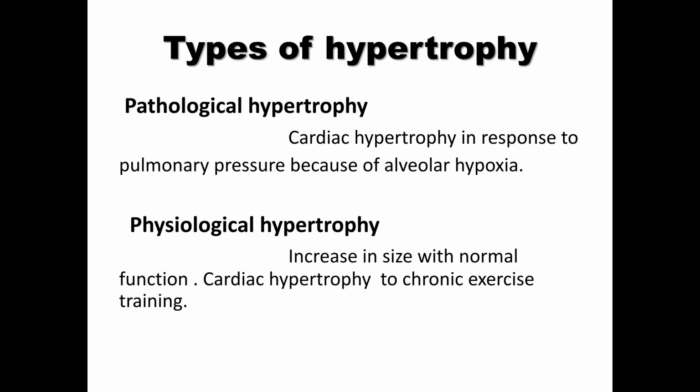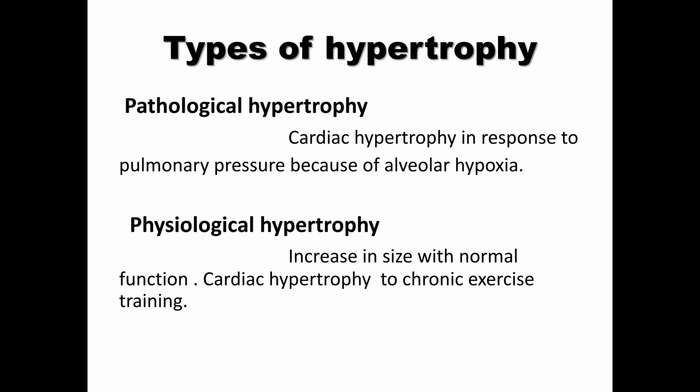Pathological hypertrophy is actually the abnormality and the disorder of the enlarged cells that totally change the normal functioning of our biological system. Like I would say, cardiac hypertrophy in response to pulmonary pressure because of alveolar hypoxia.